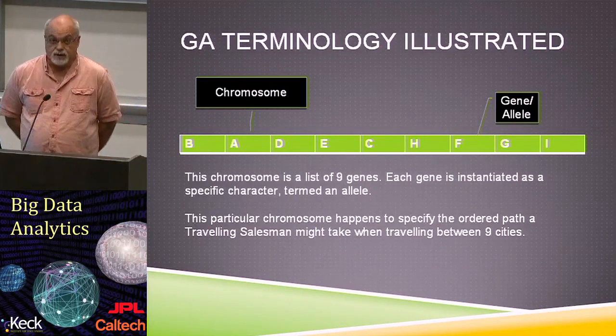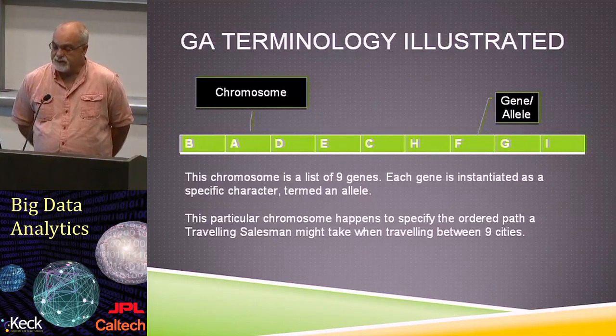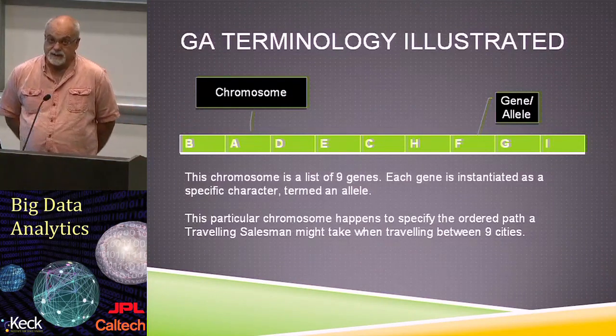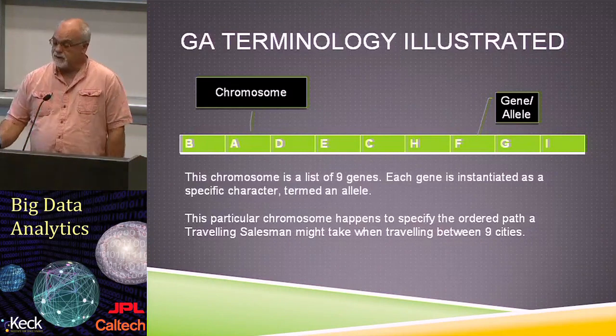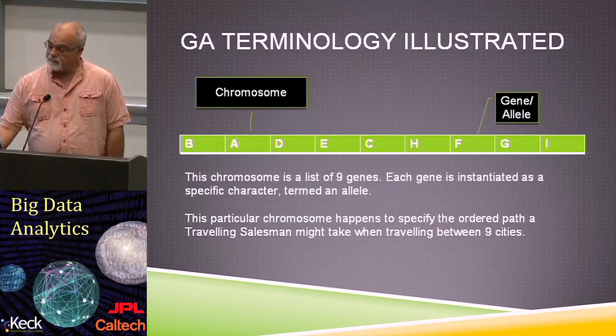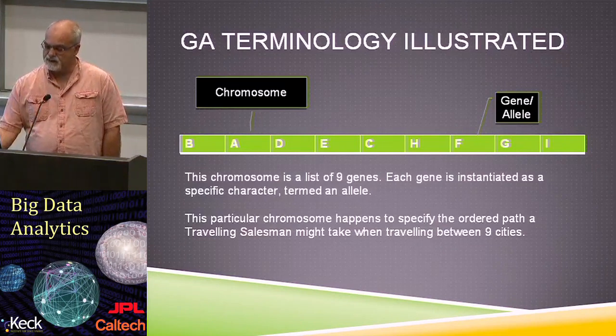So this particular chromosome is a list of 9 genes, and each gene has been instantiated as a specific character termed an allele. Now, this particular chromosome is one which I took out of an example we're going to look at later, which is the path that a traveling salesman would take between cities that are labelled by those characters that you see there. So that's the basic terminology we're going to use.